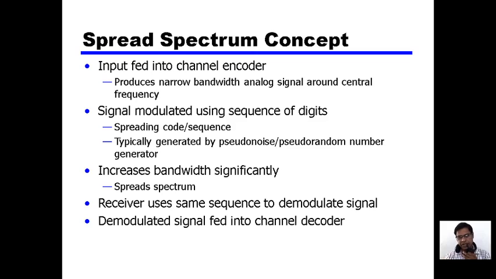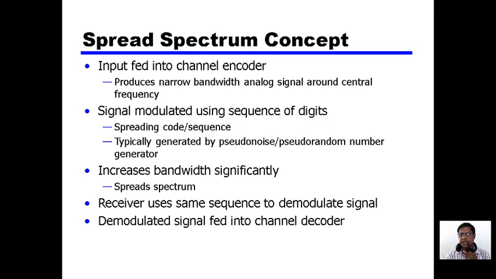This increases the bandwidth significantly. The spread spectrum spreads the spectrum, and the receiver uses the same frequency sequence to demodulate the signal, which is fed into the channel decoder.